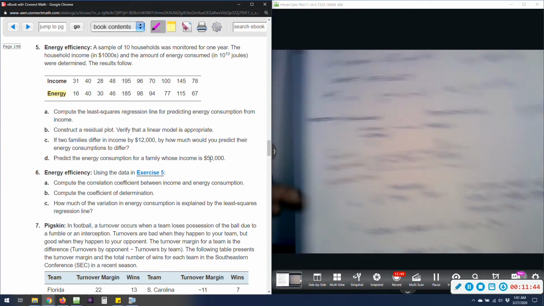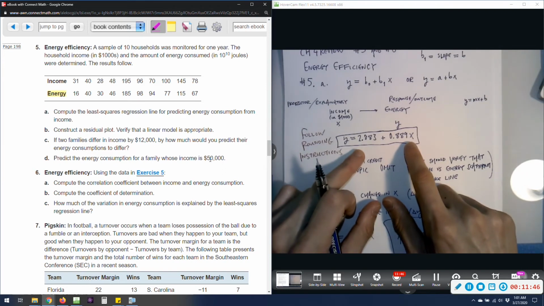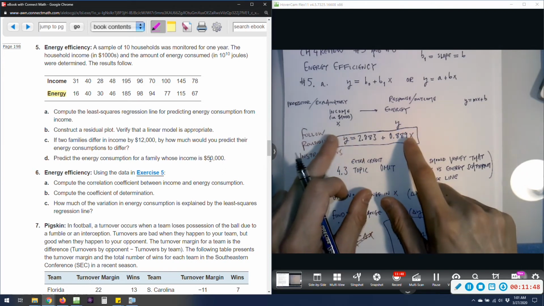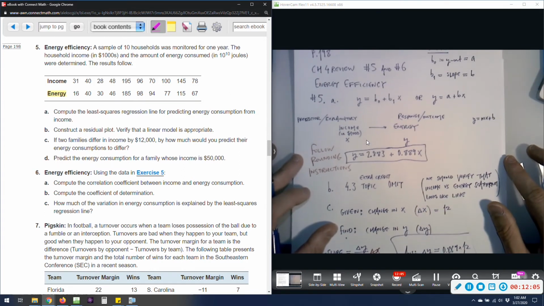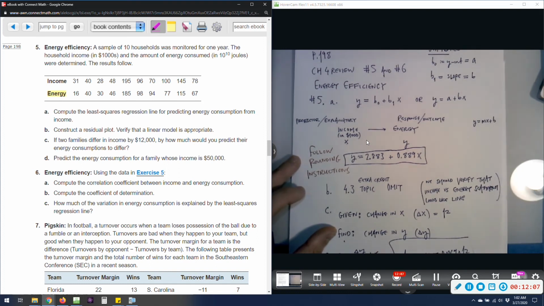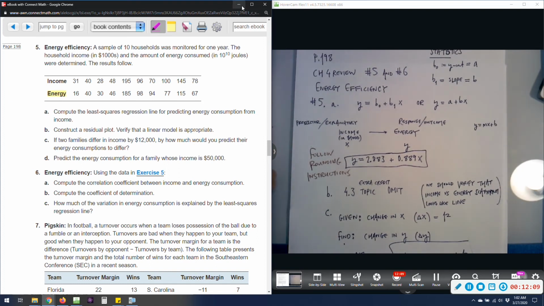Remember, this is all available from part A when we set up the least squares regression line, for predicting energy consumption from income. So we're predicting y from x, and that's basically the point of this section. If you remember from our slides, we have these questions.